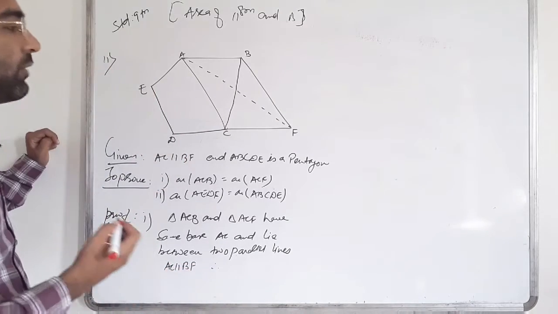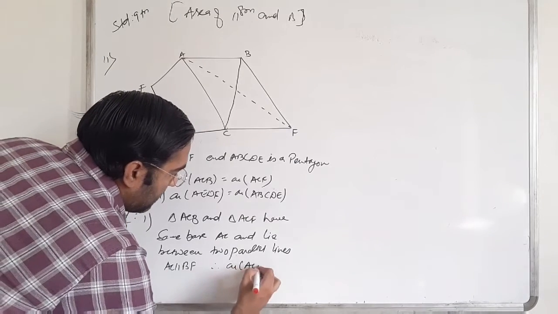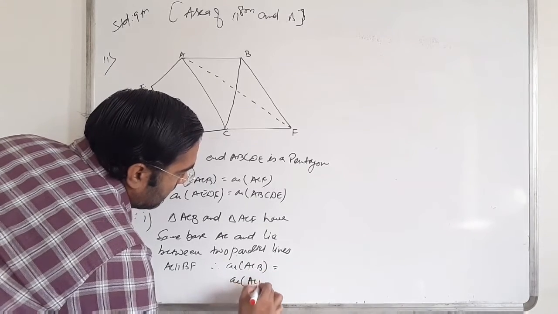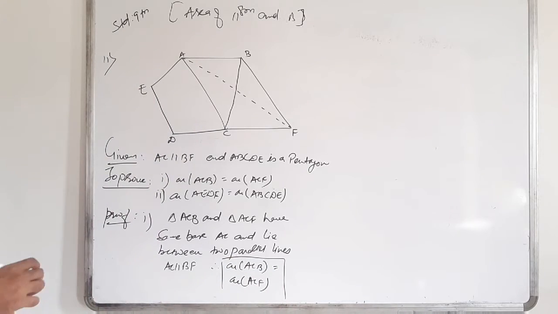So therefore we write that area of ACB is equal to the area of ACF. Okay, here my first thing is proved.